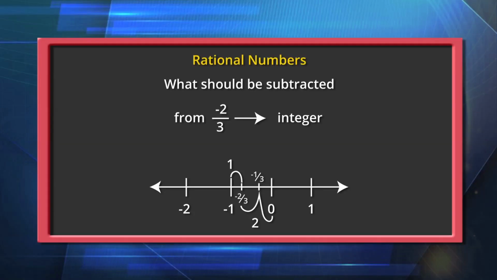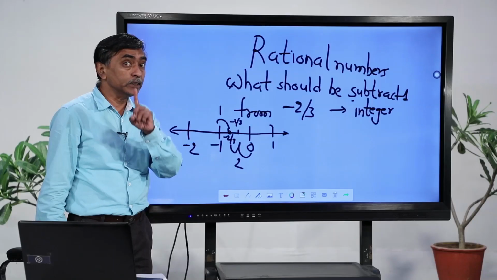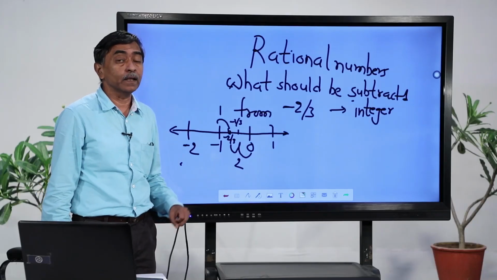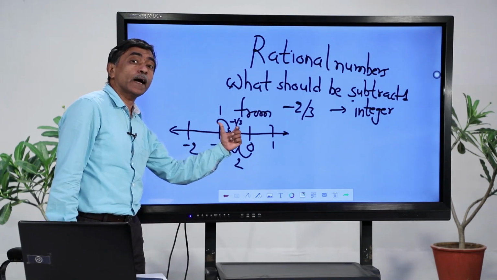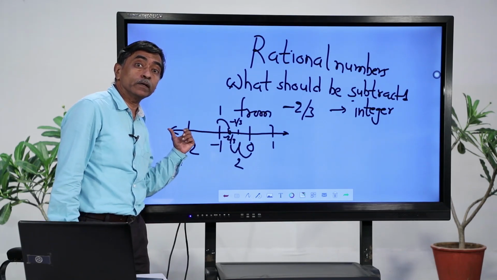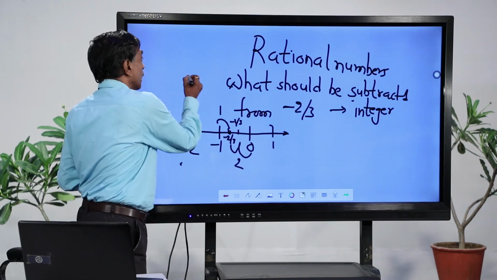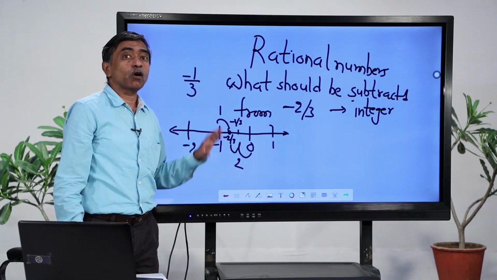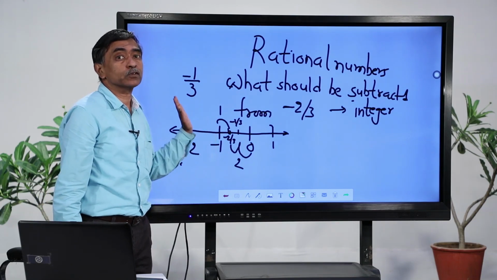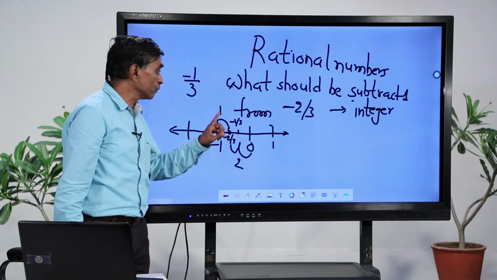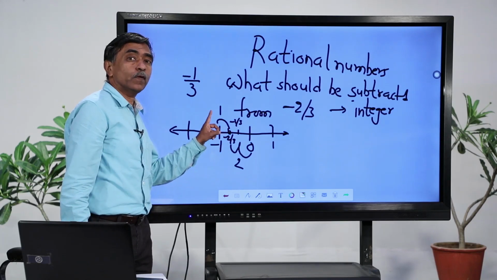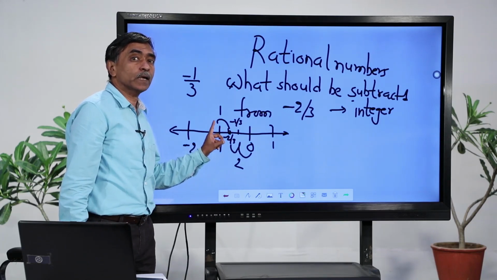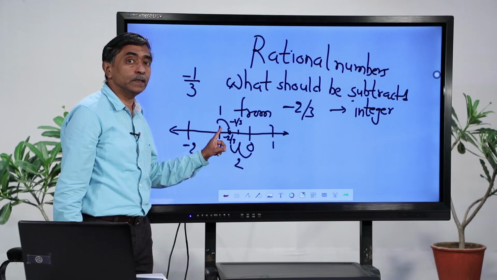Look, from -2/3 I am proceeding towards -1, one jump of 1/3 I am taking here, and I am going towards the left. According to the conventions of the number line, I will say that I have added -1/3, or I have made one jump of -1/3, from -2/3 to -1.